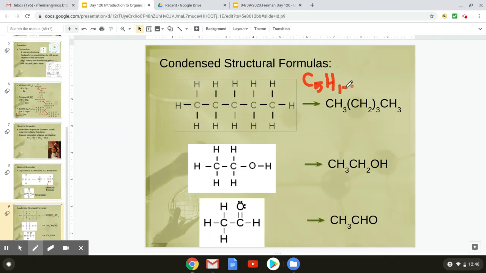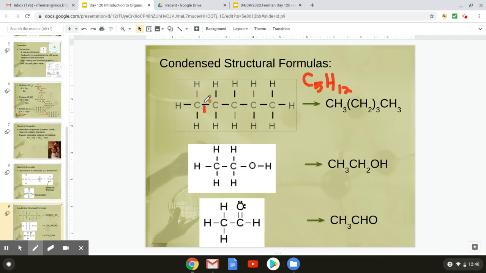So we have the molecular formula right here. We have the structural formula drawn out this way. And then we have what's called a condensed structural formula. These basically just tell you with the letters, the element symbols, how many you have in each spot.